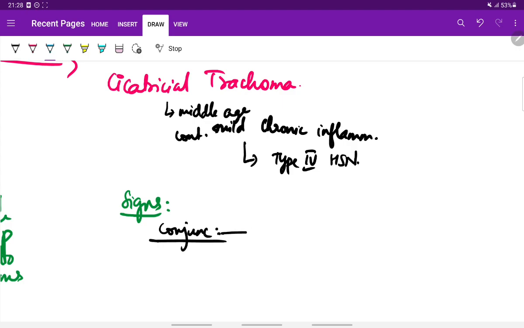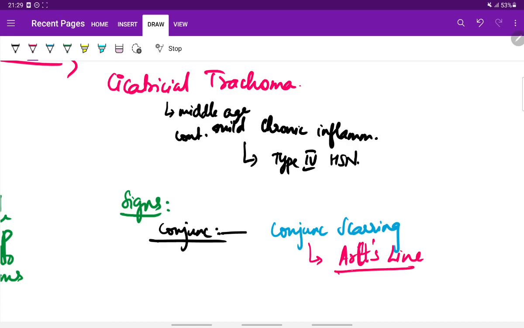In the conjunctival signs, there is presence of conjunctival scarring, which is irregular, star-shaped or linear. There is presence of scarring in the sulcus subtarsalis, that is called the Arlt's line. A-R-L-T, Arlt's line.